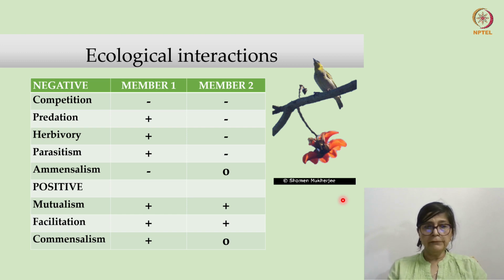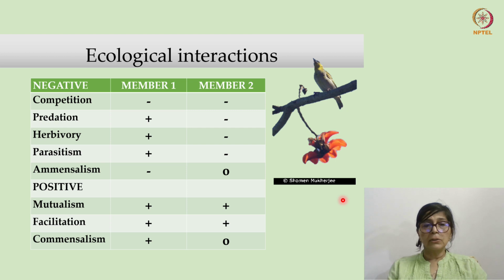Next will be positive. Positive mutualism. Mutualism again, both are positively impacted. So both are benefiting from it. Bee pollinator is the best example of mutualism. Dr. Divya is going to talk about fig wasp and figs, which is actually a very good example of mutualism. And she will also talk about parasitism.